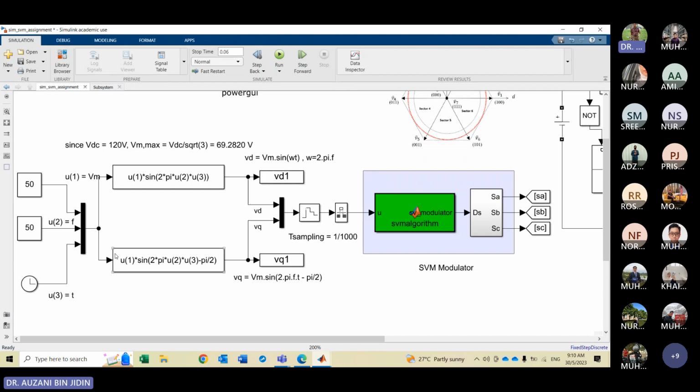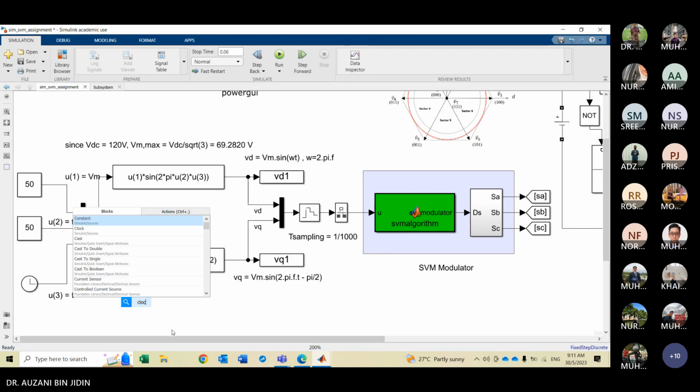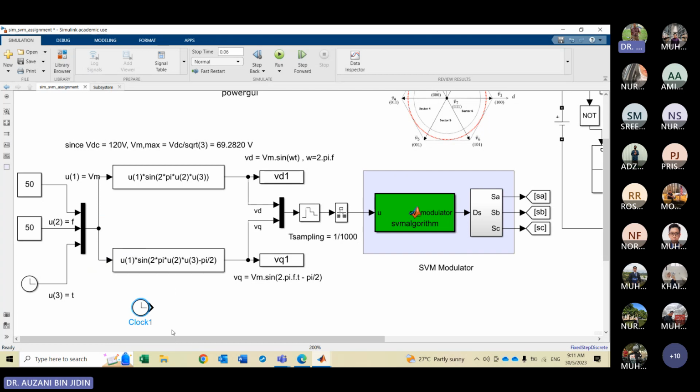Remember, VD and VQ are the input reference of the modulator. The block is the clock. You just double click to search the component and the block. Clock. Enter. Okay, after you complete the model, you can run the simulation.